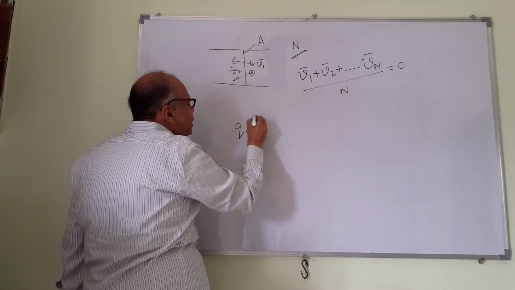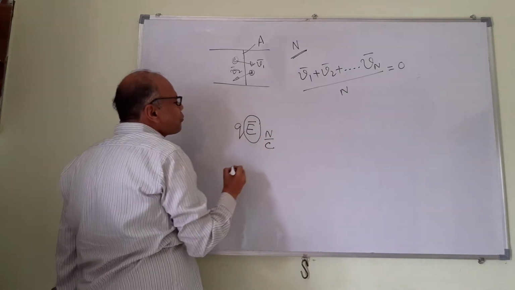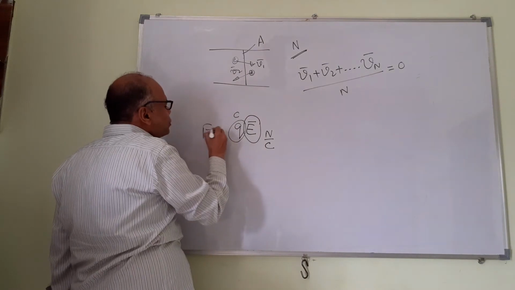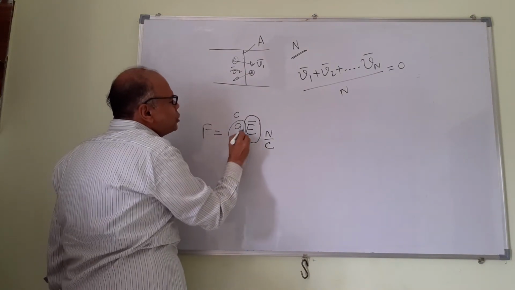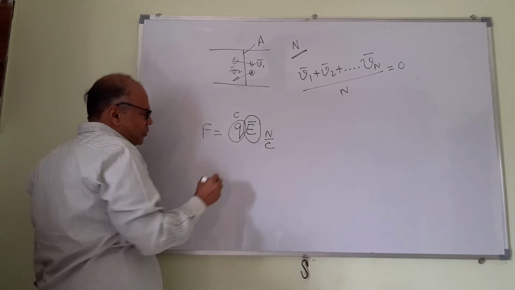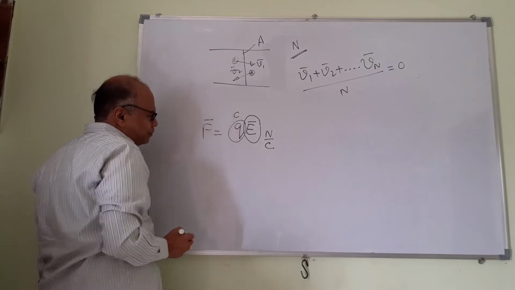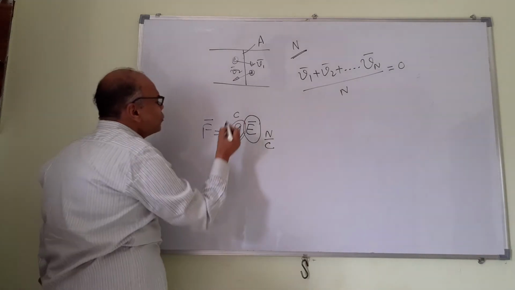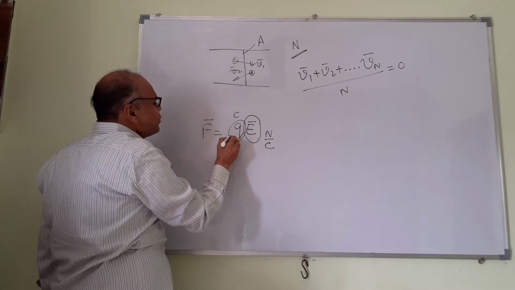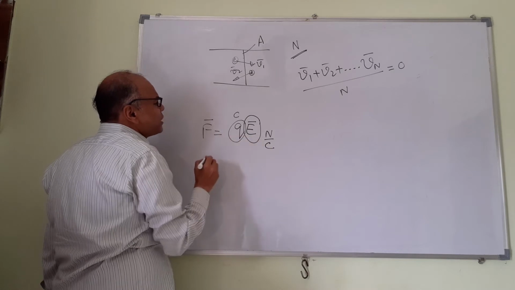The electric field intensity is in Newton per Coulomb and the charge is in Coulomb, so the force in Newton will be the charge times the electric field intensity at the location of the charge. It is a vector. Note that if the charge is negative, the force on the charge will be opposite to the electric field.